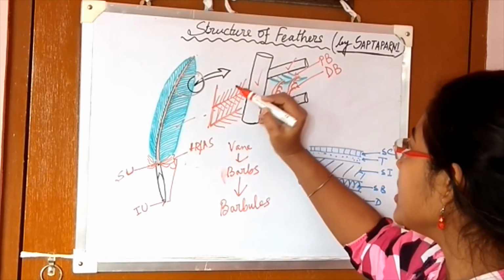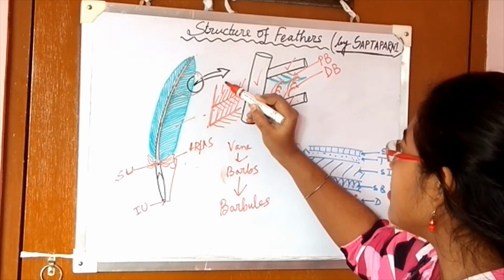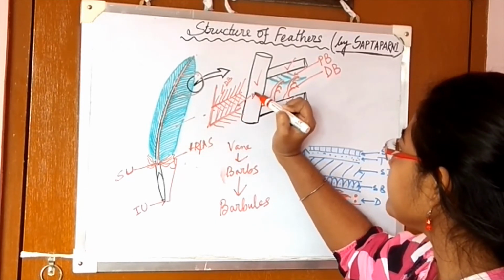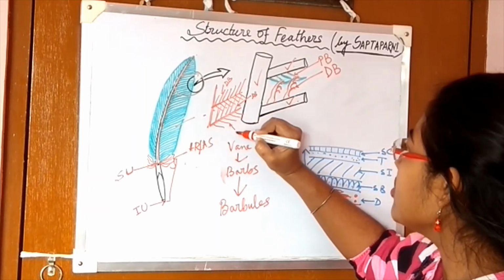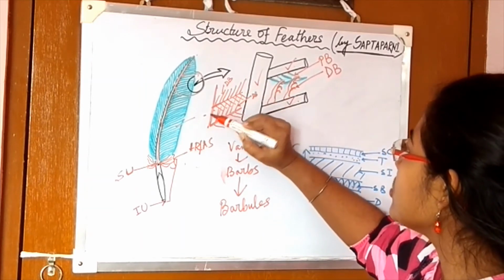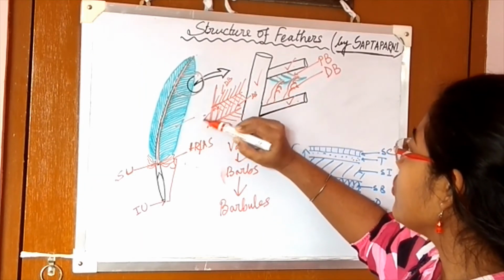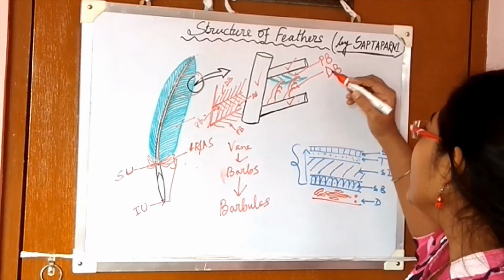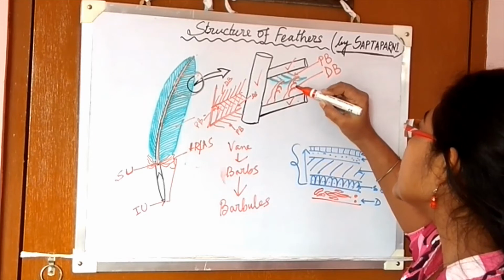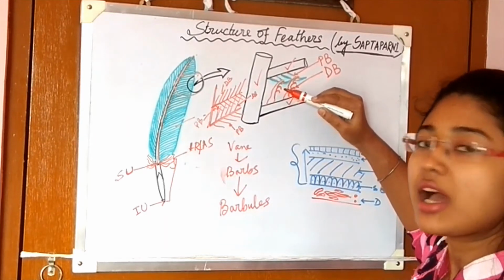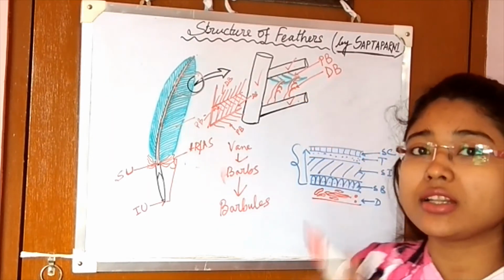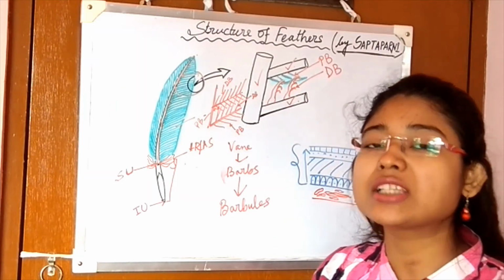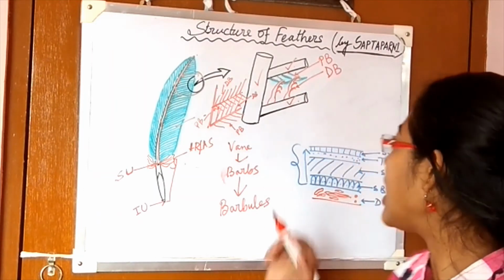Okay. So here you will find that these barbules are distal barbules, but these barbules are proximal barbules. You will find that the distal barbules, the red ones, have some hooklet-like structures, known as barbicels, hooklets or hamuli.